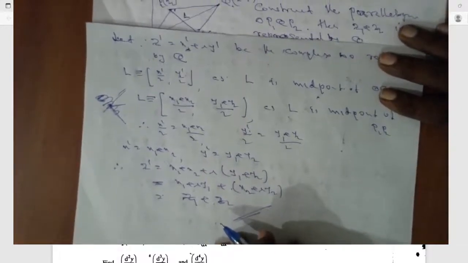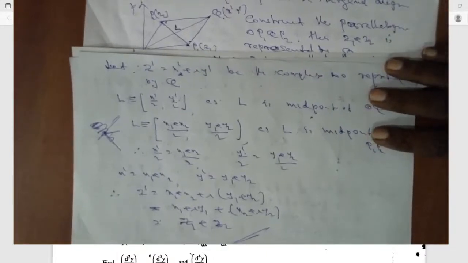Therefore z dash equals x1 plus x2 plus i times y1 plus y2. That is x1 plus iy1 plus x2 plus iy2, that is C1 plus C2. So you can prove like this the construction of z1 plus z2.